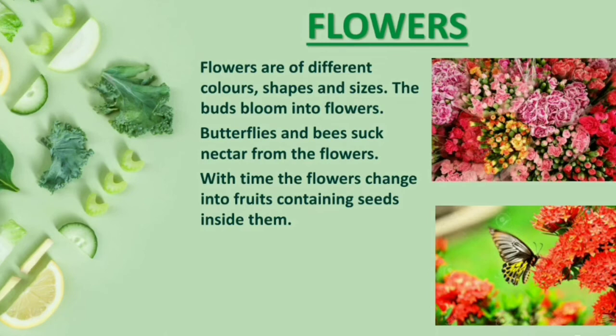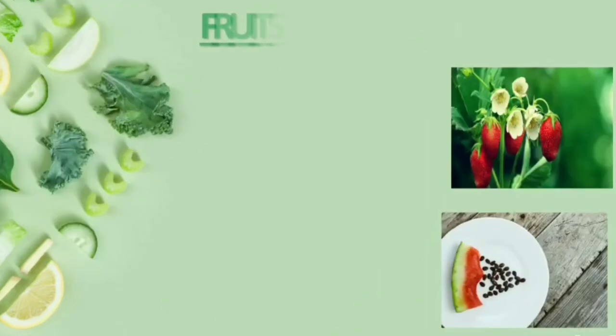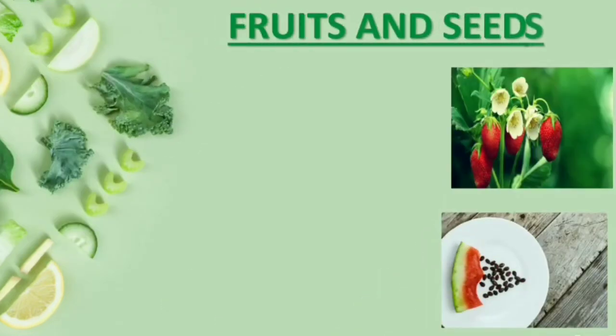You can see in the second picture a butterfly sucking the nectar from the flower. With time, the flower changes into fruit containing seeds inside them, and in some of the plants the flower changes into fruits with seeds.